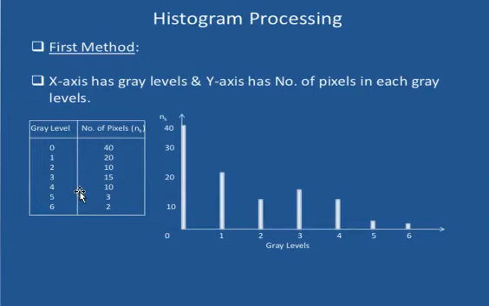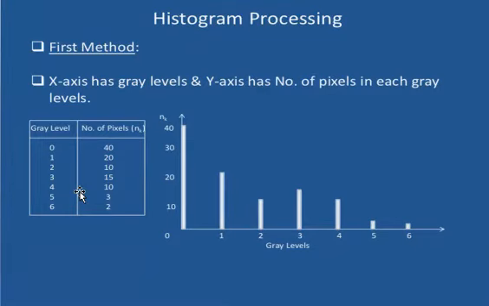After completing this task, the second column is nothing but this: for the given image, 40 pixels are there with the 0 level, 20 pixels are there with the 1 intensity level, and so on, like 3 pixels with the 5 intensity, and 2 pixels with the 6 intensity.